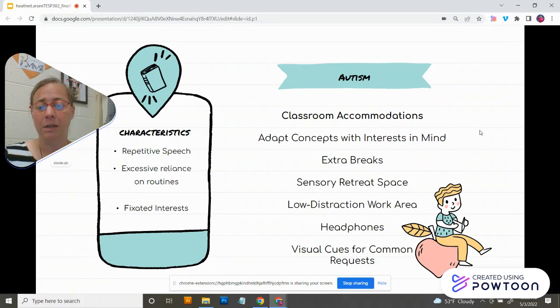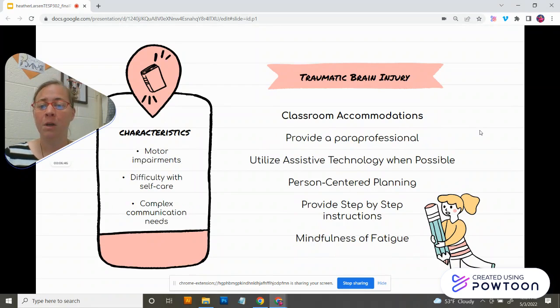They don't want to get out of routine, and fixated interest. So utilizing those fixated interests and adapting their content around those things. If they love trucks, let's do lessons and math problems with trucks or wheels or whatever it might be. Allowing them opportunities to take extra breaks, working in a sensory retreat space as well is very helpful. And then also maybe providing a low distraction work area with headphones or things of that nature.